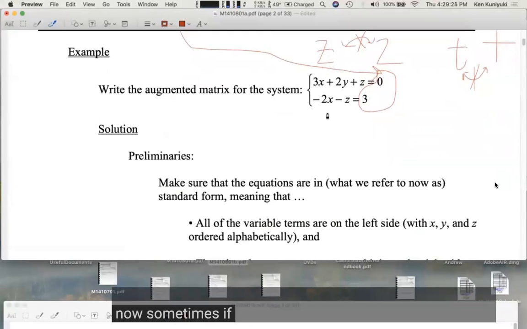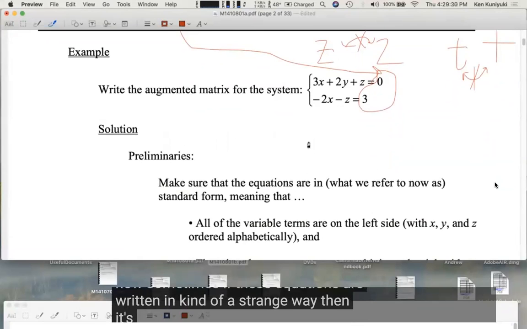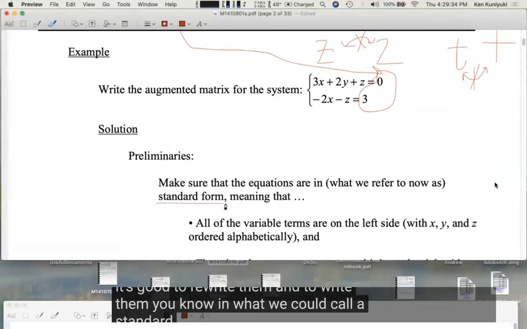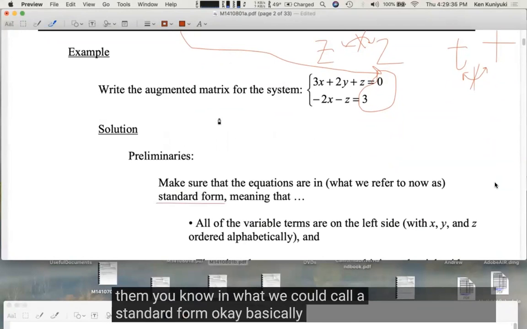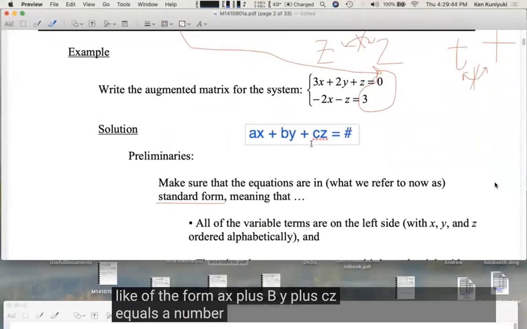Now, sometimes if these equations are written in kind of a strange way, then it's good to rewrite them in what we could call a standard form, okay? Basically, something like of the form ax plus by plus cz equals a number.